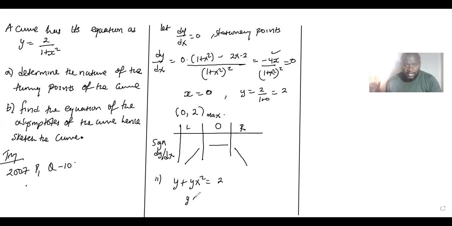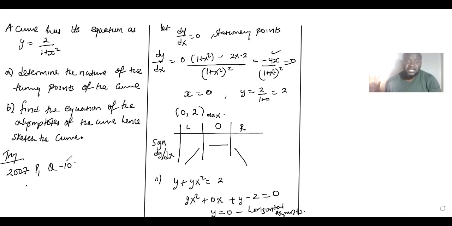Then you'll have yx squared plus 0x plus y minus 2 is equal to 0. Y is equal to 0 is the horizontal asymptote. If you recall, the horizontal asymptote is attained by cross multiplying, and then you get the coefficient on x squared and equate it to 0.